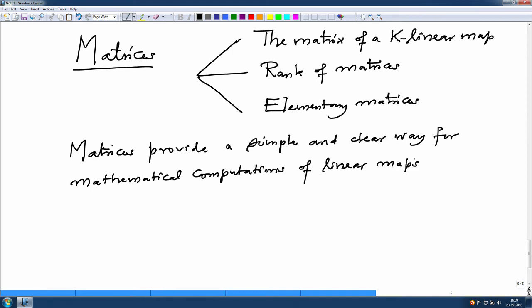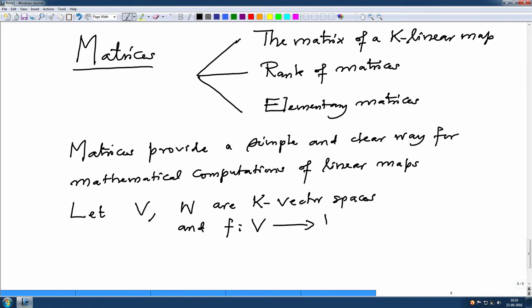So, first, before actually defining formally what a matrix is, I would like to start with a linear map. So let V, W be K vector spaces and f be a linear map from V to W, K linear.